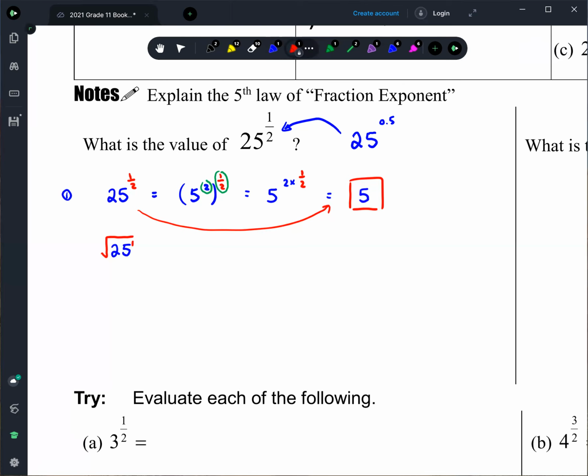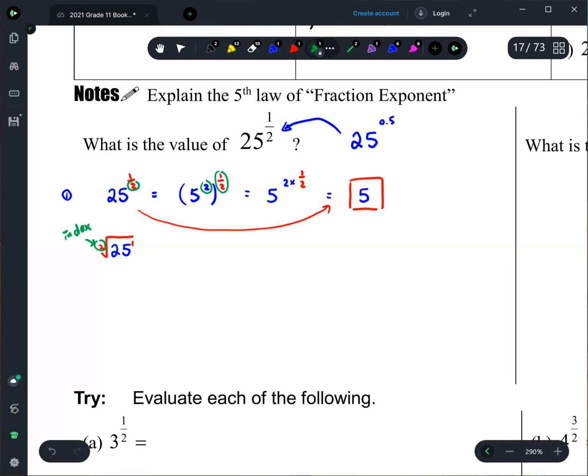And then the 2 in the denominator is on the outside because it's a square root. So this is called the index. Index number, the 2, the little 2. So the denominator goes on the outside. When we put a square root, it also gives you the 5.